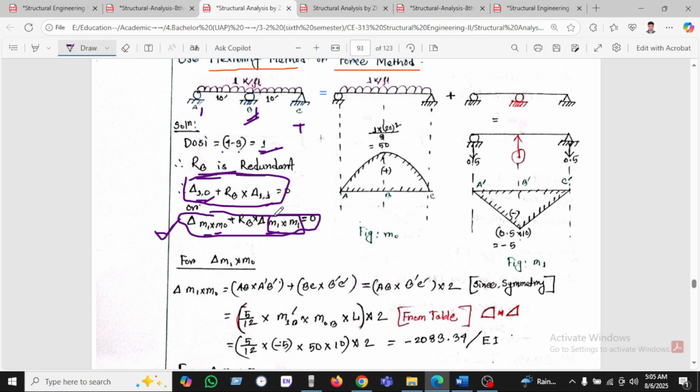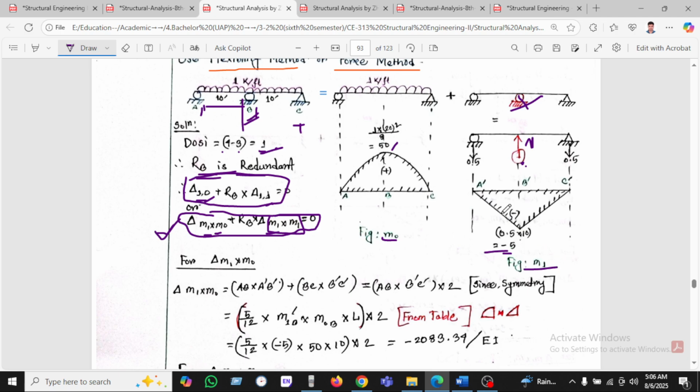As we know, it is simply supported, so the formula will be WL square by 8, and the moment found is 50 for the diagram of M0. And as RB is redundant, there is no load here, so there is no support here. 1 into 5 equals 0.5, 1 into 10, so this is the length. 1.5 into 10, which is minus 5.